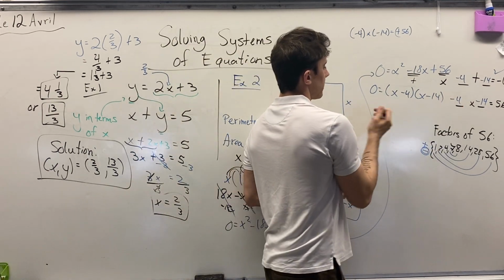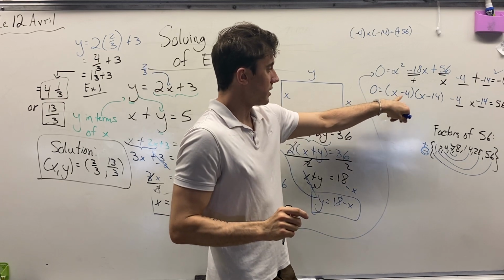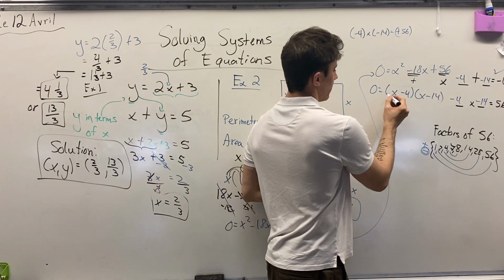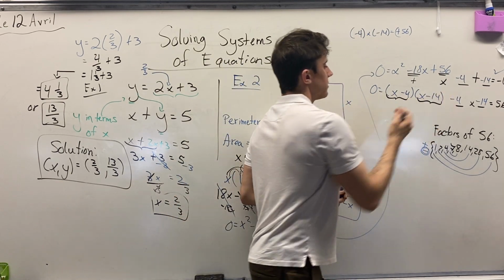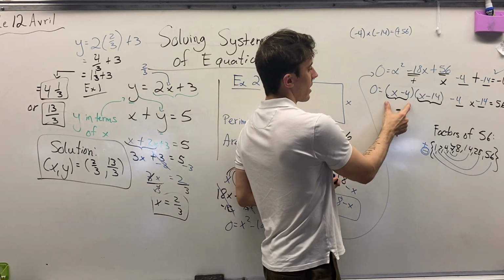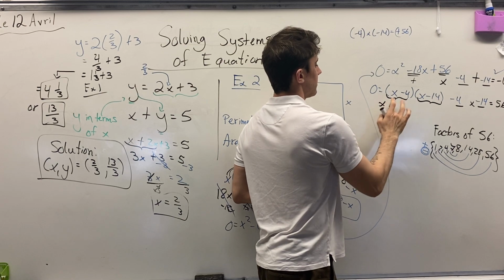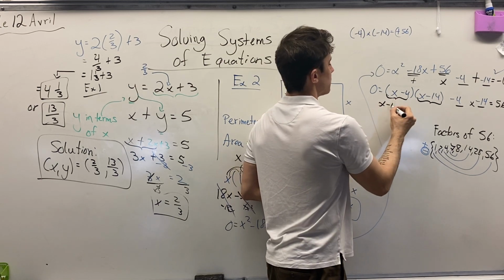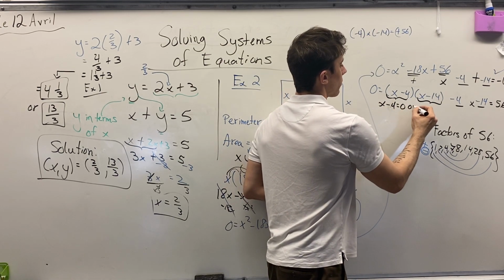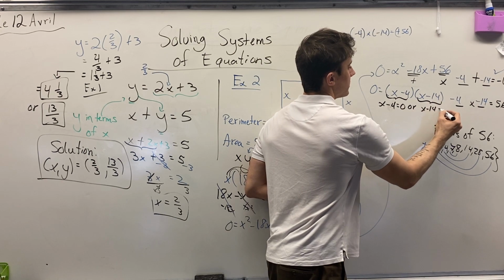And this tells us that if 0 is equal to this bracket times that bracket, then any solution to this equation would mean that one bracket is equal to 0, so x minus 4 is equal to 0, or x minus 14 is equal to 0.